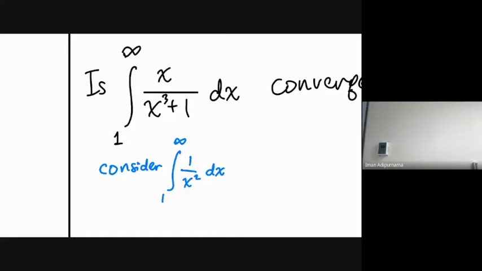Do you know why I guessed this 1 over x squared? You see x and x cubed. Imagine it's only x and x cubed without the 1. It's 1 over x squared. And from here, we can say that this converges, right?